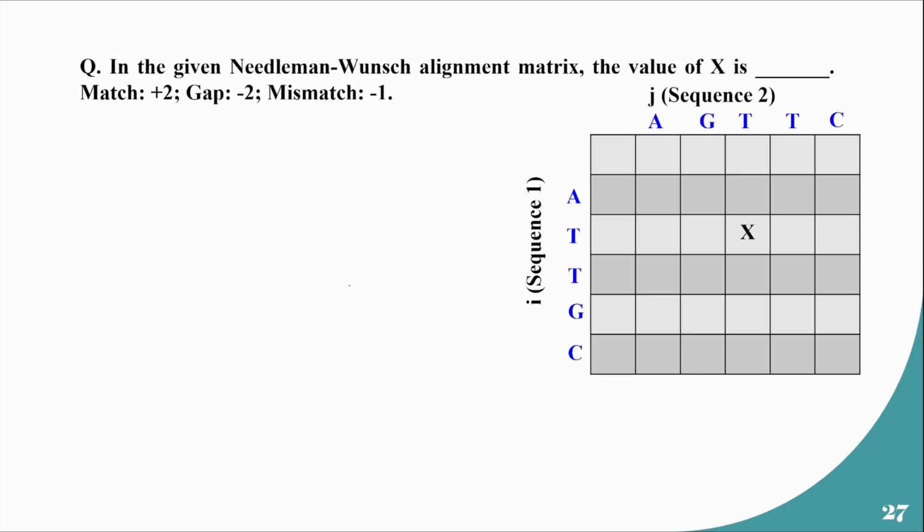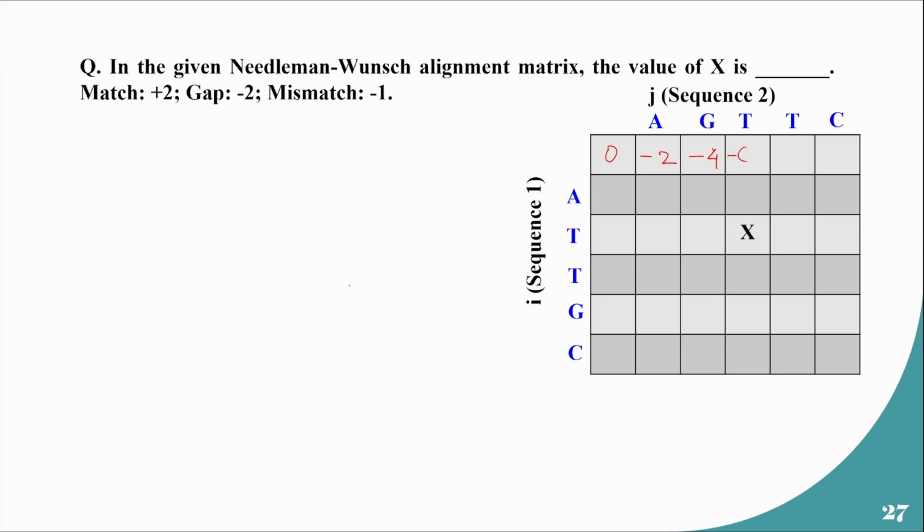So the procedure is the same. You just have to calculate the value. If I initialize the upper row and the left hand side column, it should look something like this, right? 0, then we are accumulating gaps over each step.